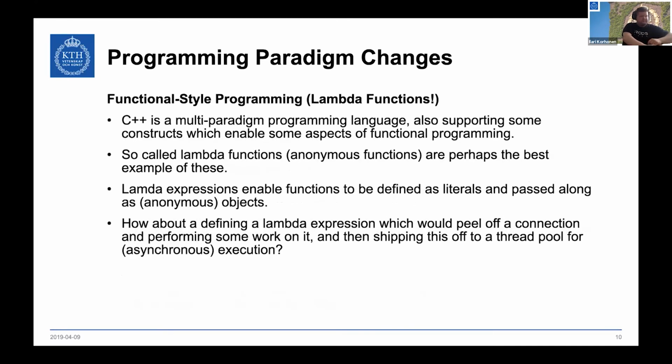And then the other interesting change, for me even more interesting, is that modern versions of C++ enable you to use functional constructs like these so-called lambda functions, which is basically an anonymous function as an object that you can pass along, or write the function as a literal value that you define then and there.